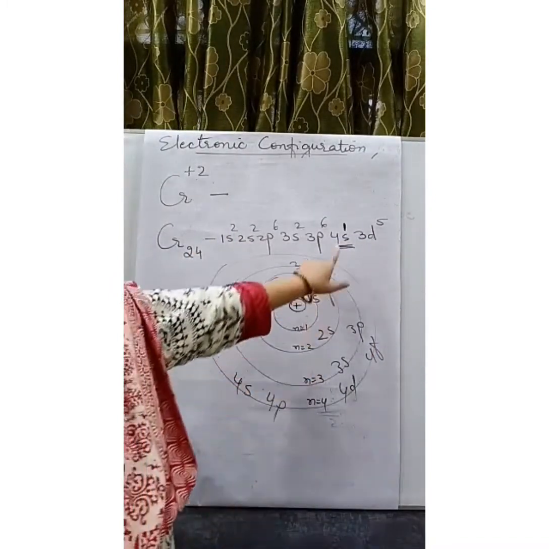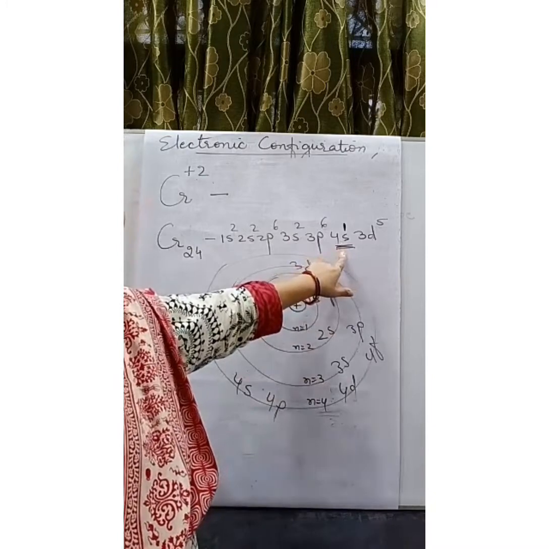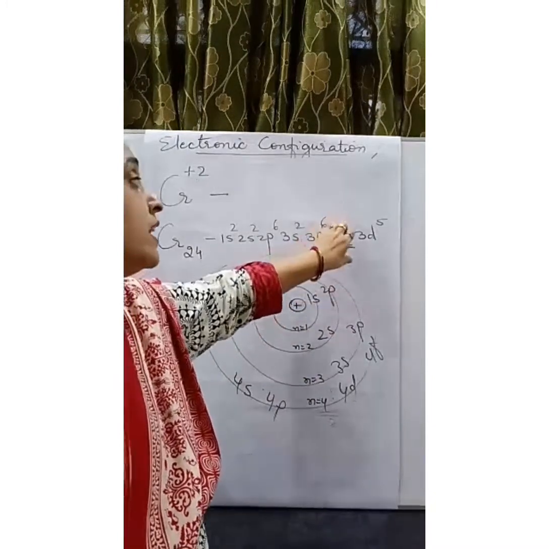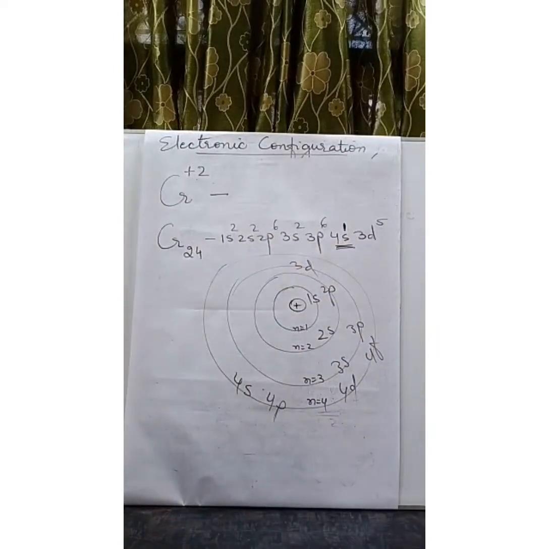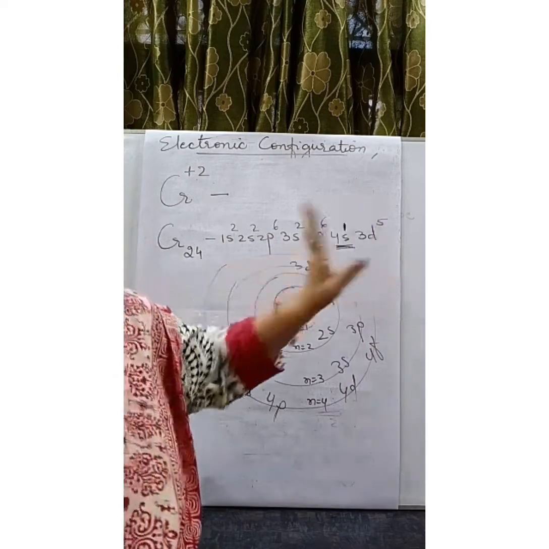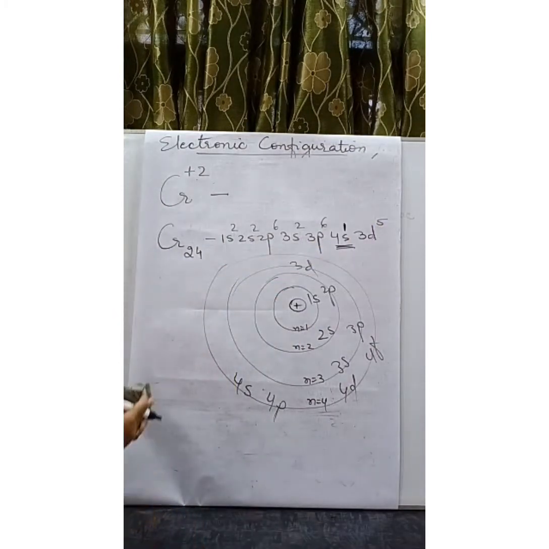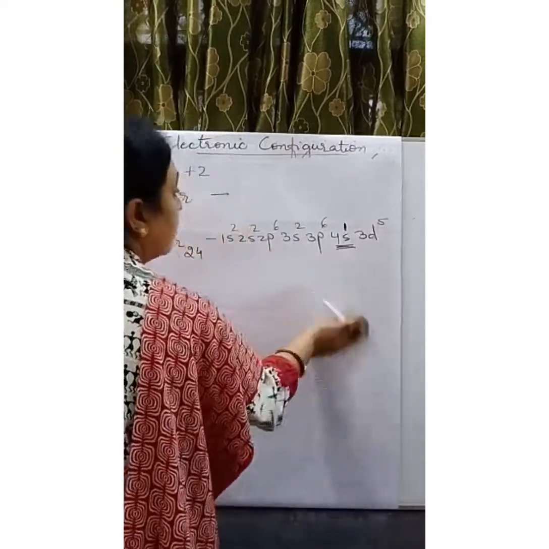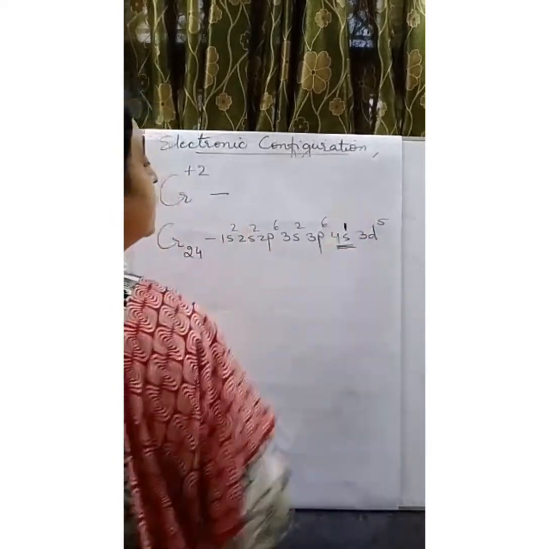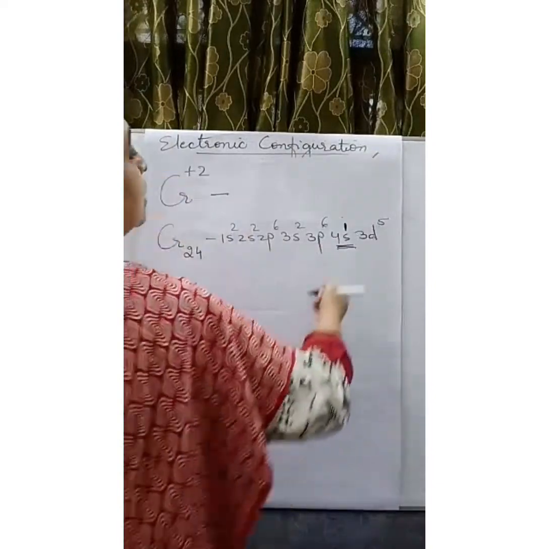So first of all, electrons always move out from the valence shell, and when it becomes empty, the penultimate shell, meaning the shell inside the valence shell, becomes your outermost shell. So in this case, first of all, electrons will be lost from where? 4s. So 1 goes from here, and how many do we have to lose? 2 more.